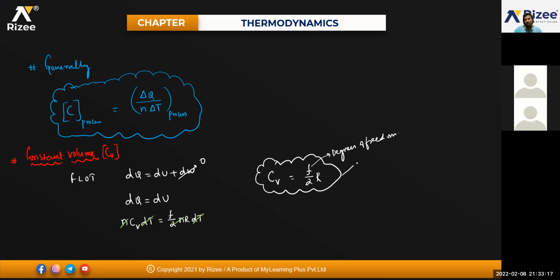Clear? So if I'm talking about monoatomic gas, Cv will be equal to 3R by 2. For diatomic gas, Cv will be equal to 5R divided by 2. That is at constant volume.